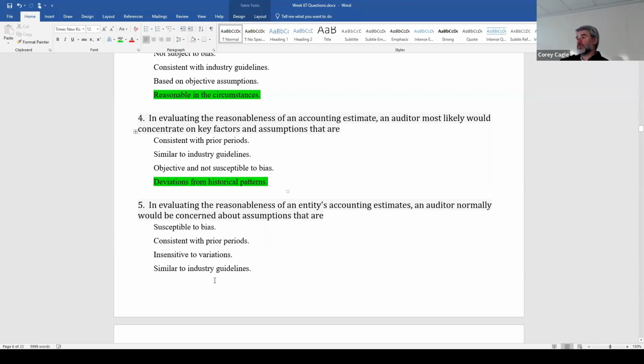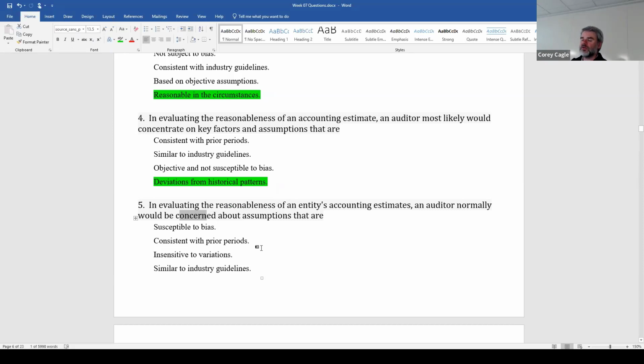But number 5, similar to what you were just saying, 3 goods and 1 bad, or 3 bads and 1 good, right? In evaluating the reasonableness of an entity's accounting estimates, an auditor normally would be concerned. All right, I like that better. Concerned makes me think, oh, I'm concerned, I don't like this, right? So I'm thinking we're going to have 3 good things and a bad thing to find here.